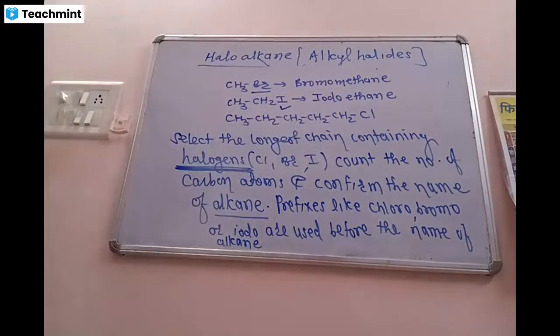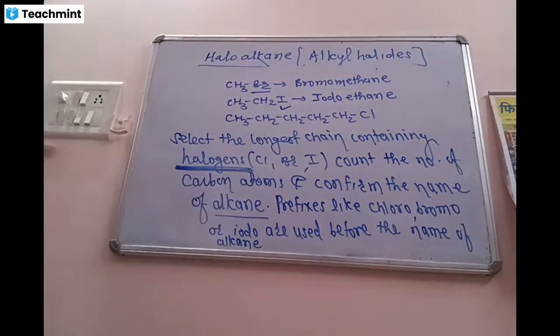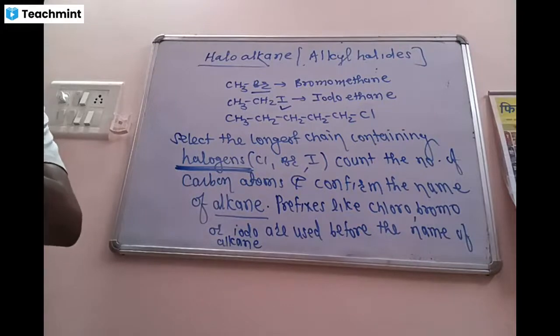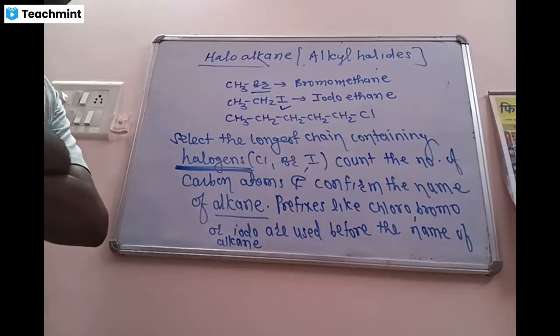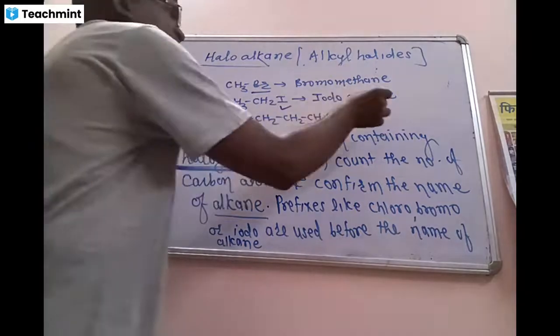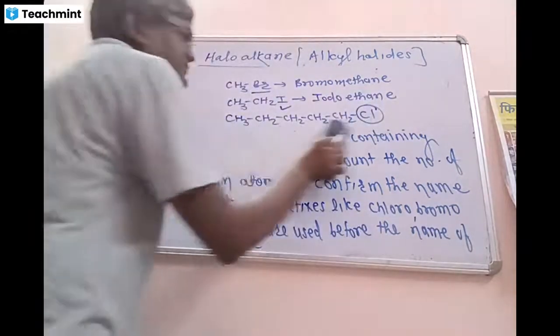So now you have to select the chain first of all, count the number of carbon atoms, then confirm the name of the parent alkane. How many carbon atoms are there? 5. 5 means pentane. Which type of halogen is there? Cl. For Cl you have to write chloro.